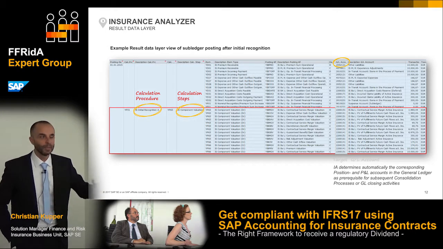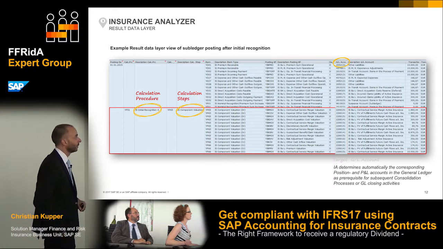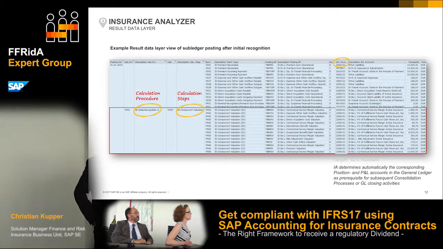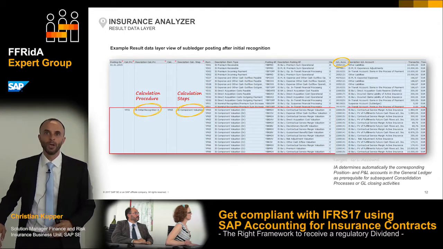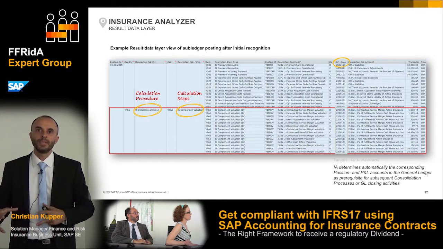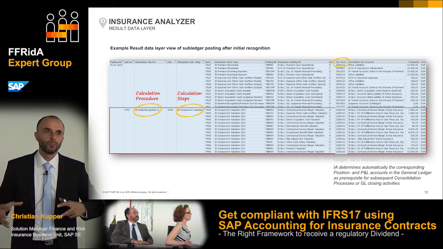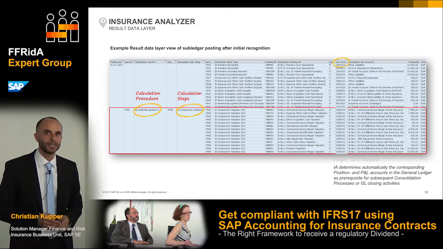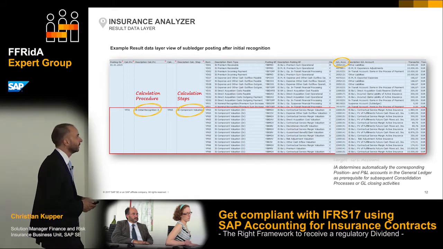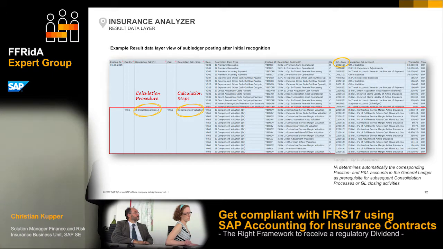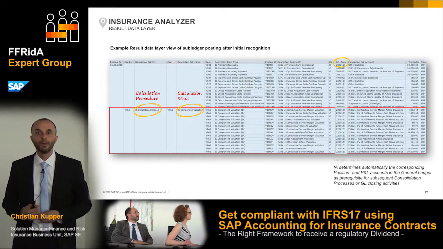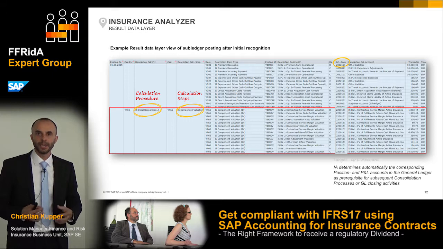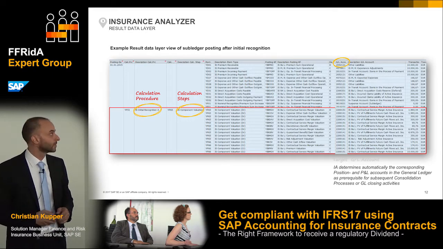They are carried over time with all the components, and component is the keyword here. I mentioned before that the system is very flexible. It works with calculation procedures and business transactions and so on. On the left-hand side of the screenshot, you see a calculation procedure performed for the initial recognition, and this calculation procedure can have several steps.